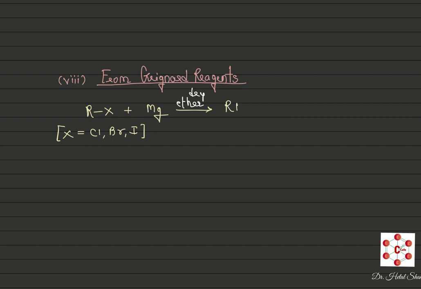You get R-MgX, or I can write R dash MgX. This is your Grignard reagent. Here R is partially negative, and MgX is on the partial positive side. Right? R is negative.